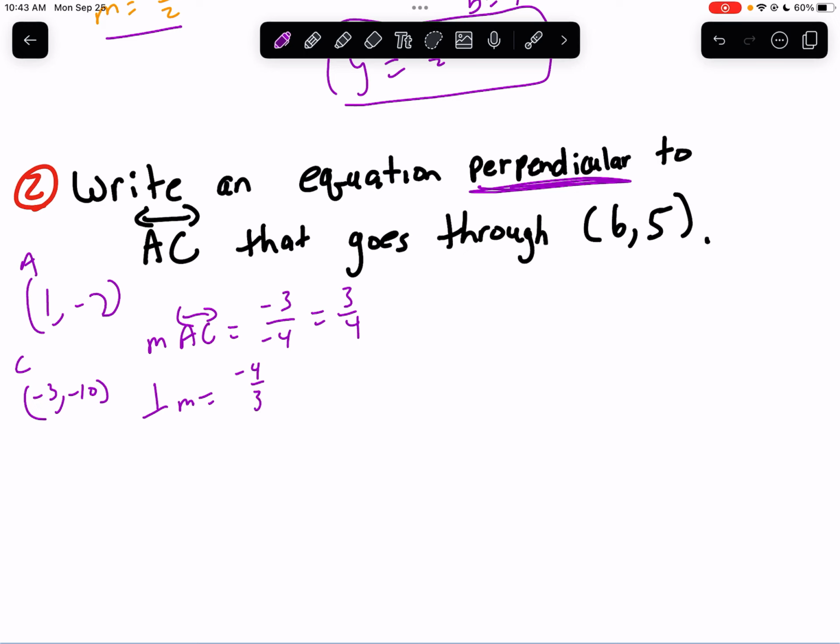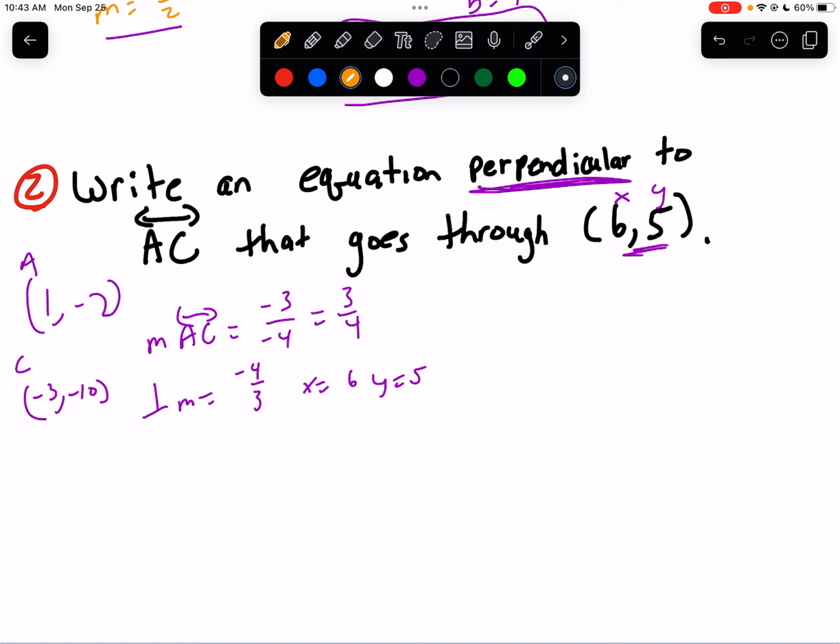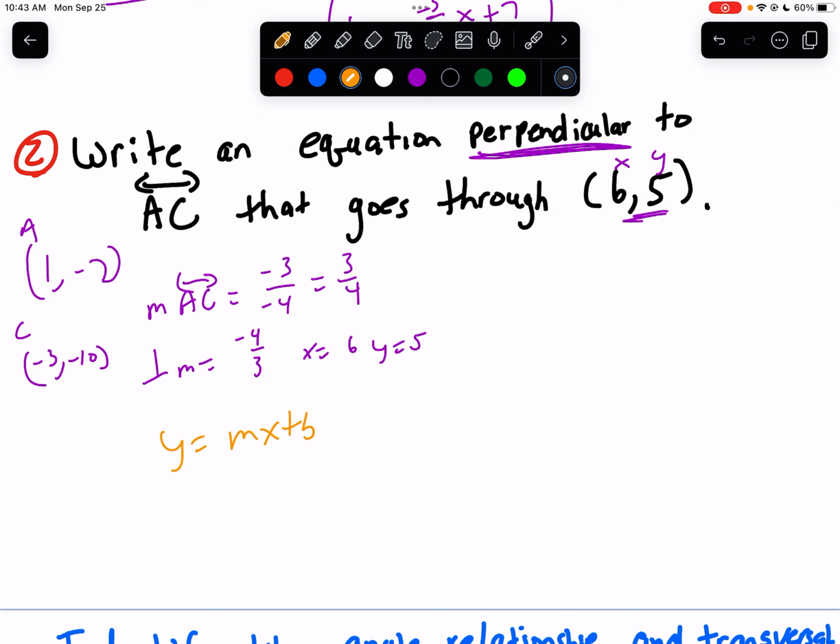So this is the slope I'm going to use, and this is going to be my x and my y. So we know x equals 6, and we know that y equals 5 because of the coordinate. So we do y equals mx plus b. We know we have to use the perpendicular slope, and we know what x and y have to equal.